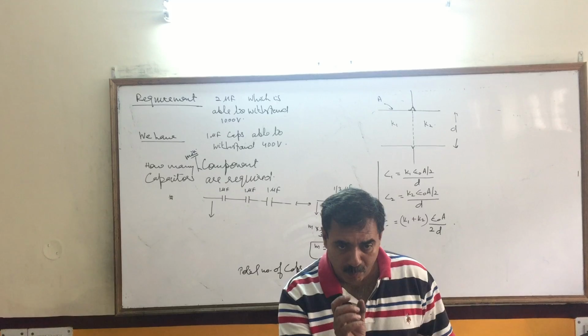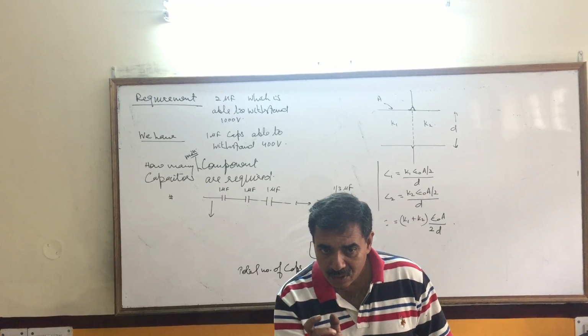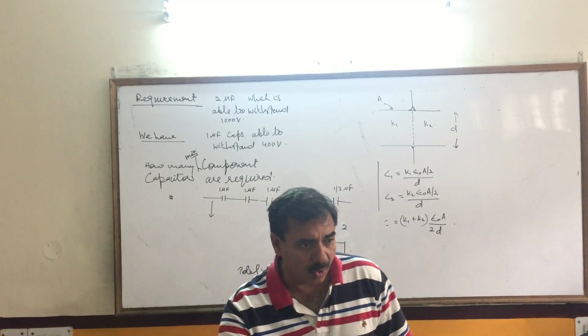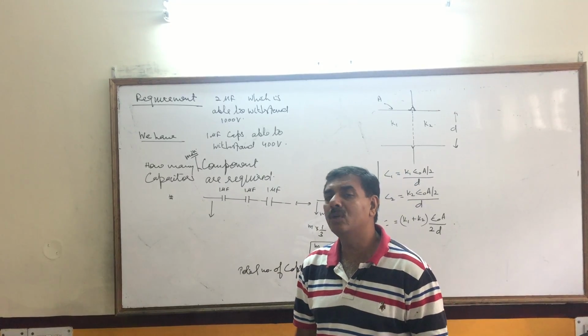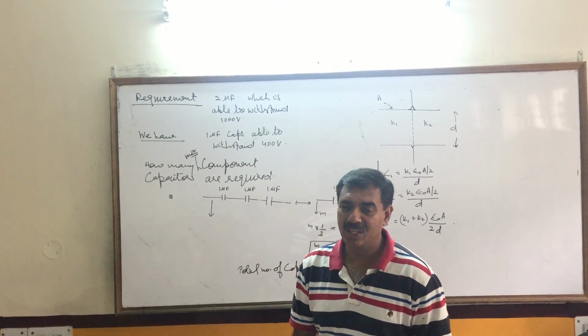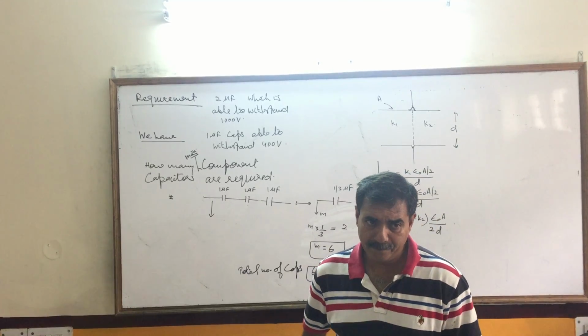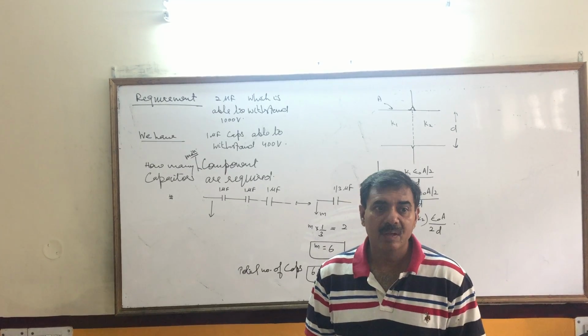1000 volt when put across 3 capacitors in series, equal capacitors, the potential drop across each would be 333, which is definitely less than 400. If we put 2 capacitors, that would be 500 volt across. Sir, if we divide the potential difference, 1000 by 400, 2.5 comes.